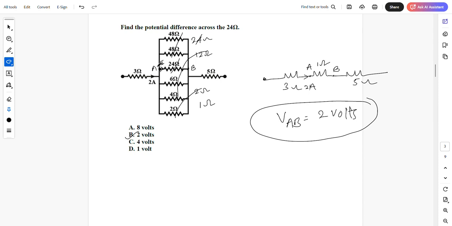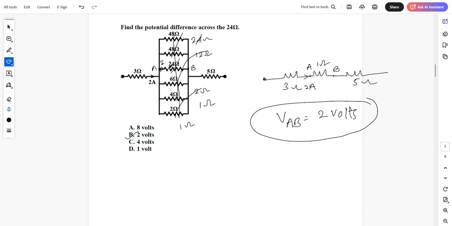You need not calculate the current here. If you want to calculate the current across the 24 ohm resistor, we can do it that way also. You have to find the value of current I and then calculate the potential difference between A and B. That is not required. Directly you can do it. This whole thing is 1 ohm, and the voltage is the same.